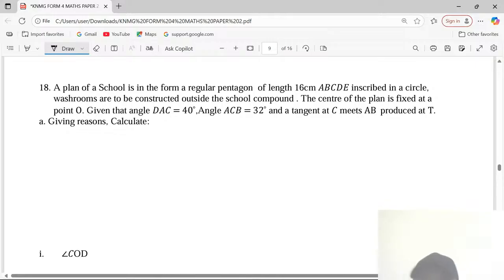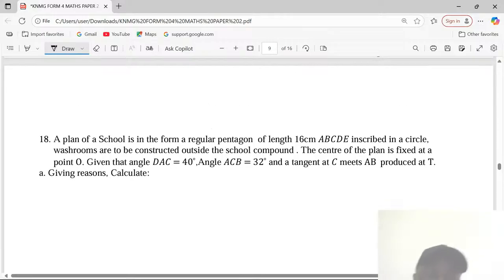One thing that you're supposed to know is that when we talk about five-sided figures, a pentagon, the sum of the angles in a pentagon is given by 180 times n minus 2. So this is 180 times 3, which is 540.